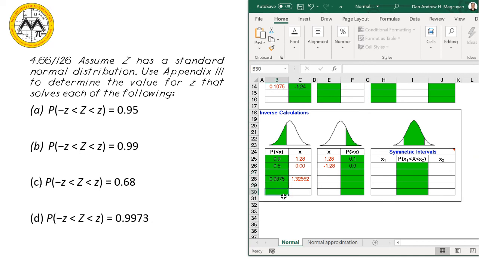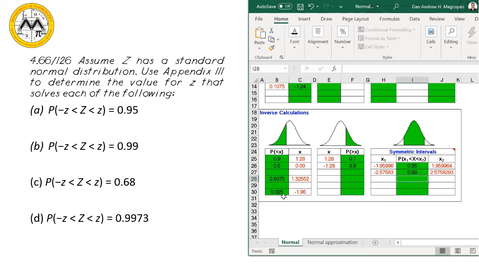That means 0.025 on the left side, so it would be negative 1.96. Assuming symmetry, that would be negative 1.96 and positive 1.96. To simplify, we can have 0.95, so that's negative 1.95996, or simply negative 1.96 to positive 1.96.